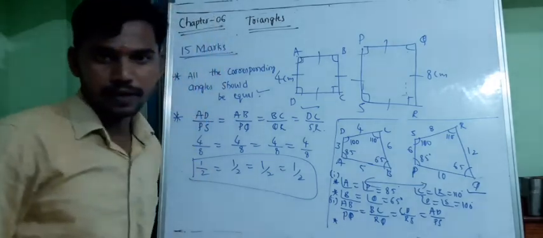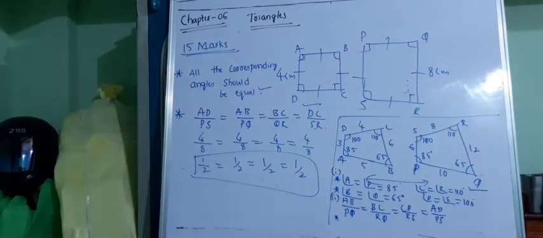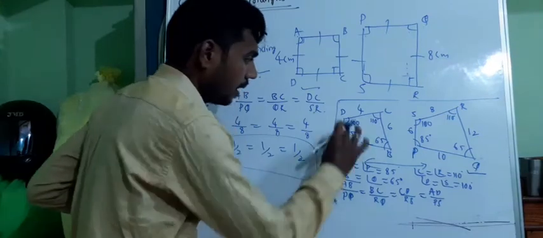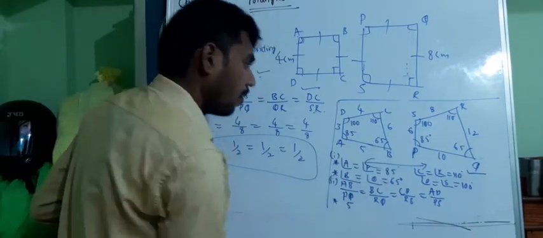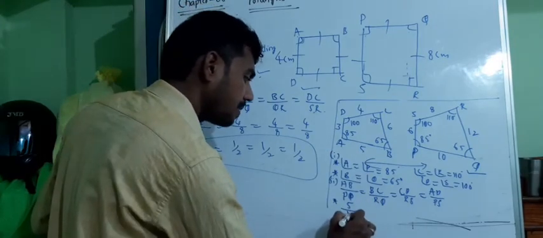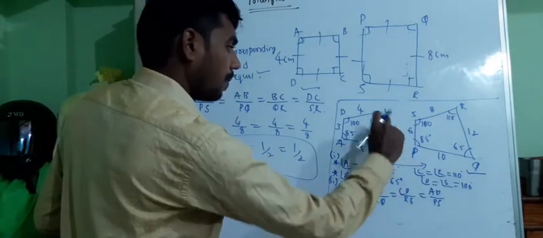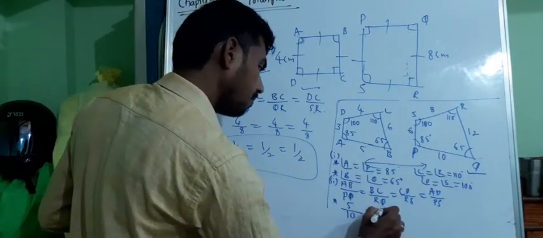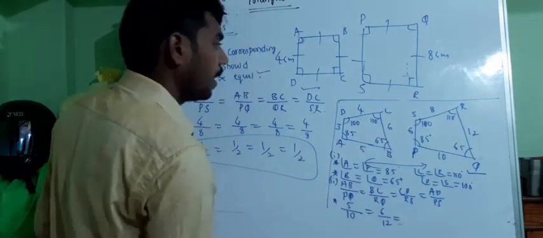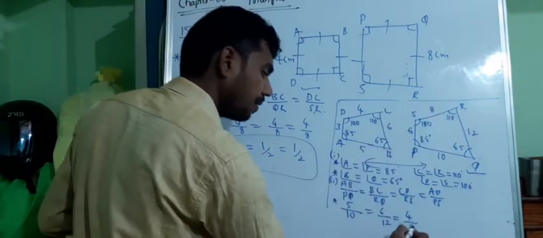What is AB here? AB is 5 units and PQ is 10 units. Next, BC is 6 units, QR is 12 units, and CD is 4 units and RS is 8 units.